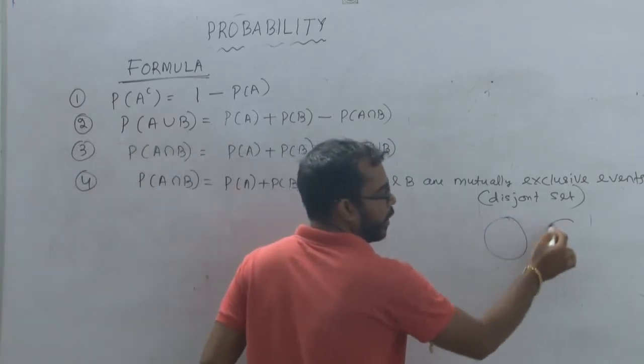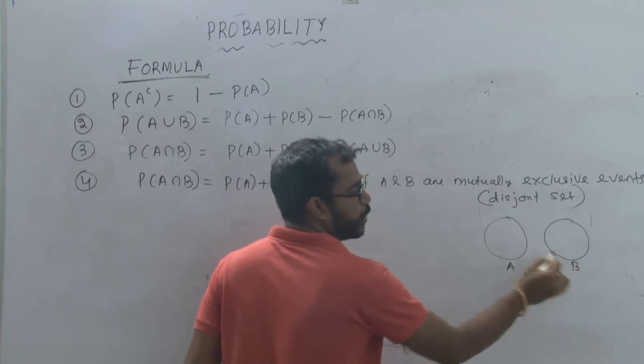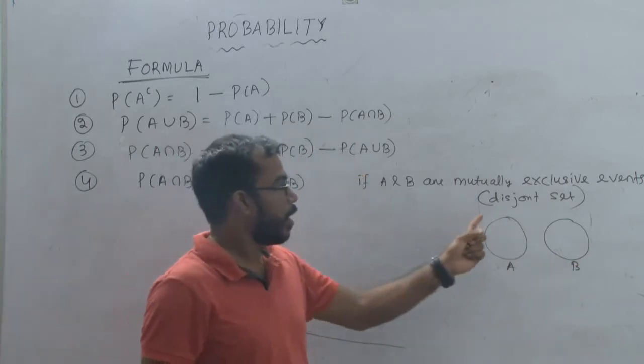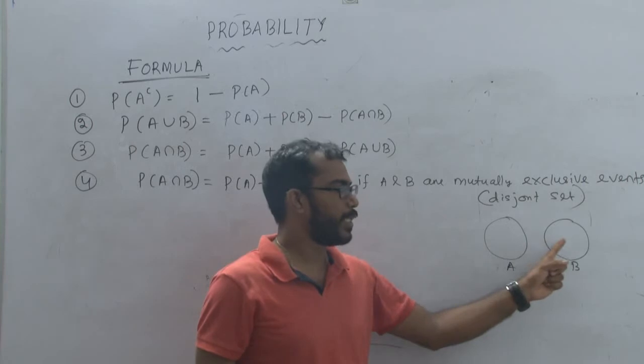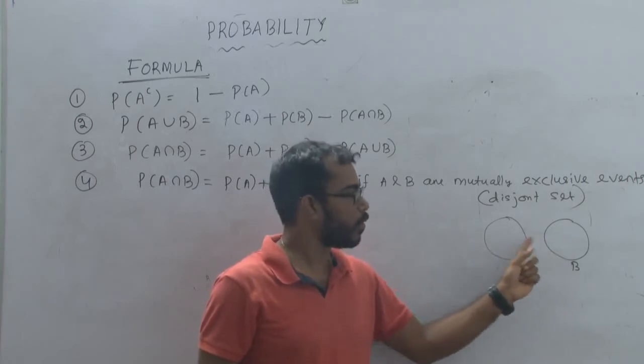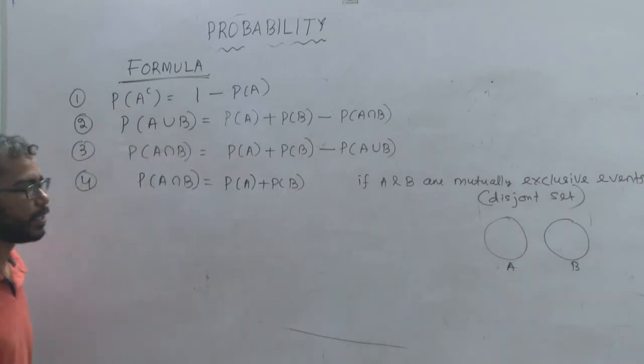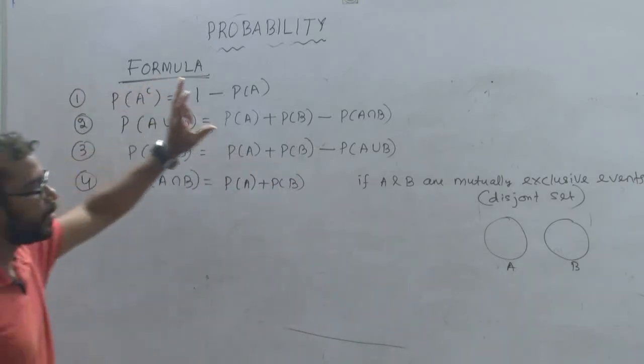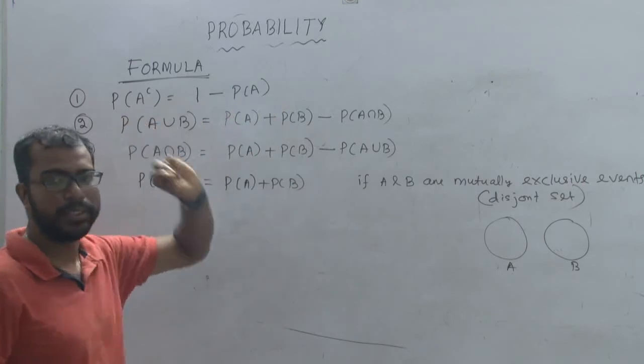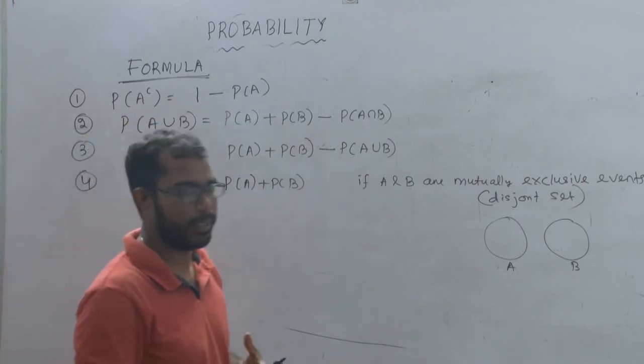A and B are disjoint if both sets have no common element. So this is called a disjoint set.